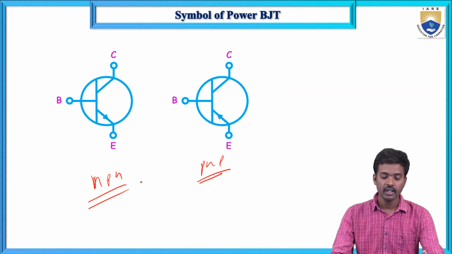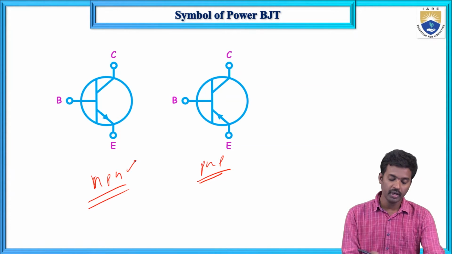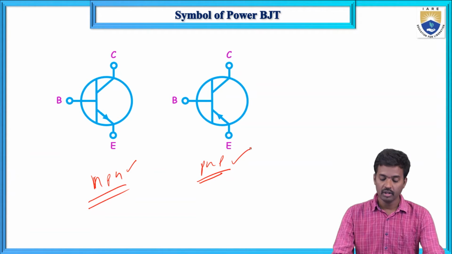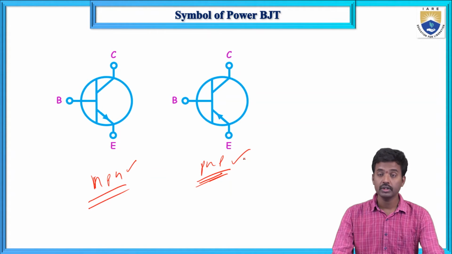See the difference here. The arrow orientation towards the emitter indicates the NPN transistor, and the orientation away from the emitter is known as a PNP transistor.